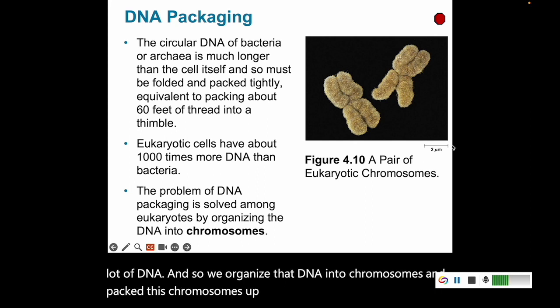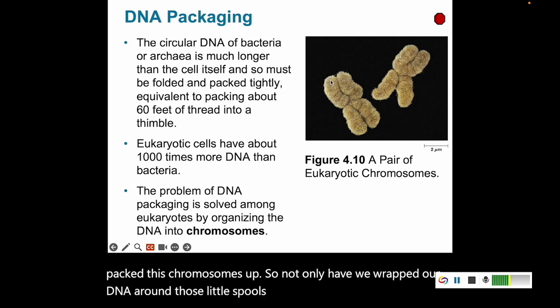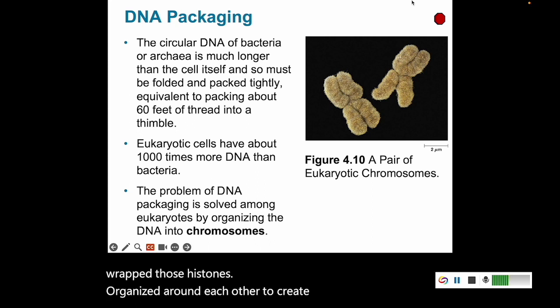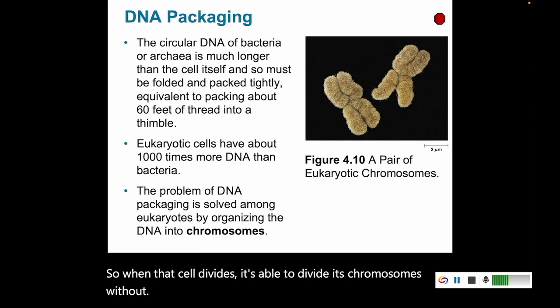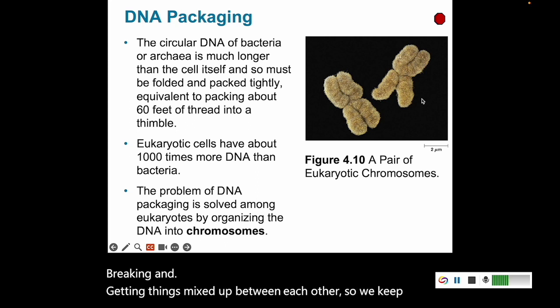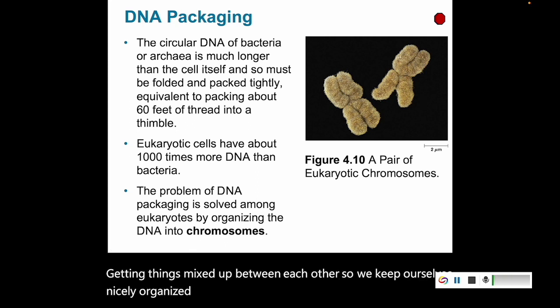So not only have we wrapped our DNA around those little spools, around those histones, we've also organized those histones around each other to create these nice folded up chromosomes. So when that cell divides, it's able to divide its chromosomes without breaking and getting things mixed up between each other. So we keep our cells nicely organized with their DNA.